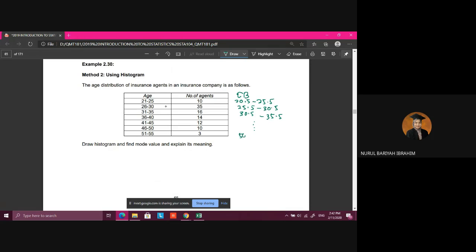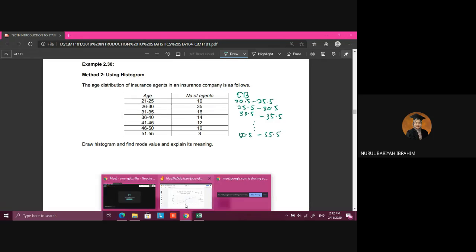Sehinggalah 50.5 until 55.5. This is your class boundaries of the histogram. Okay, we need these two columns untuk nak lukis histogram.